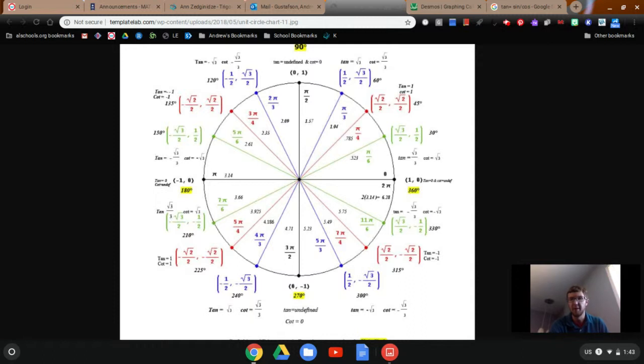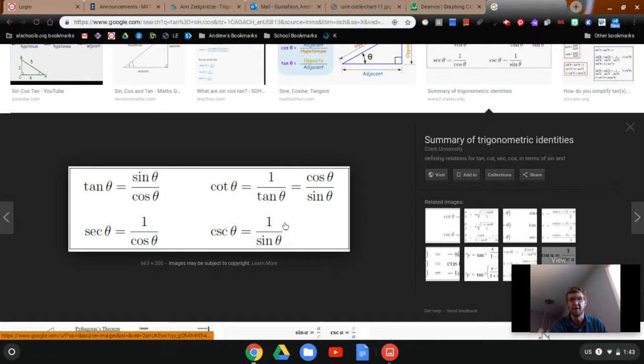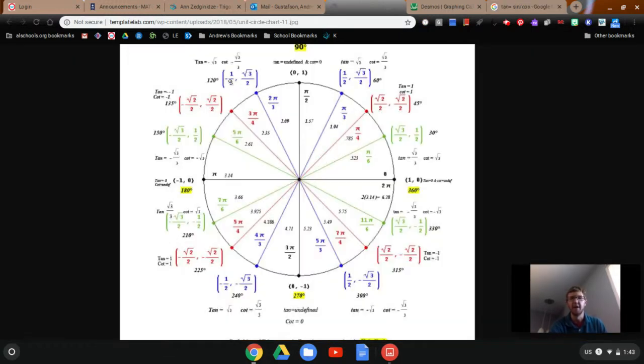And a reason that we end up getting the same cotangent, the same result, even though if you look at the cosine and the sine here, cosine is a half, sine is negative root 3 over 2. Cosine negative a half, sine of root 3 over 2. Even though the sine and cosine are opposites, if you're dividing, because that cotangent was cosine divided by sine, a negative divided by a positive is negative, and a positive divided by a negative is negative.